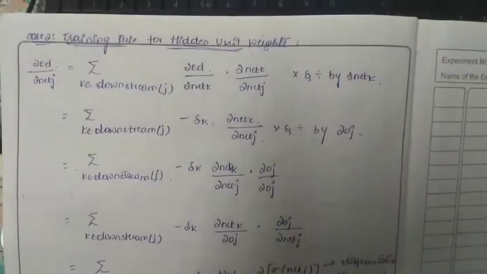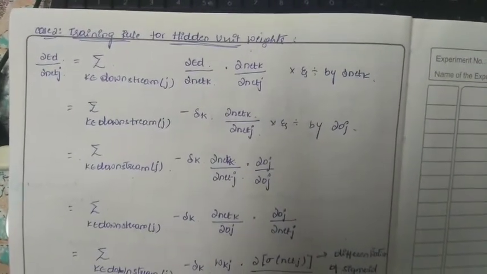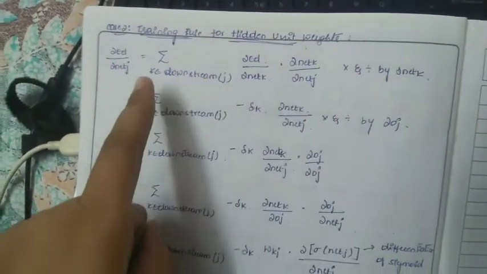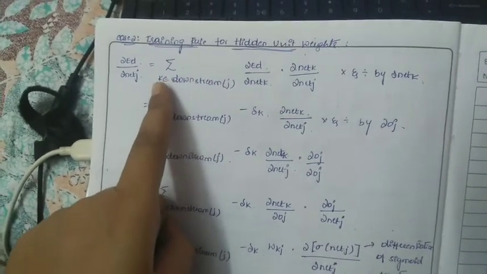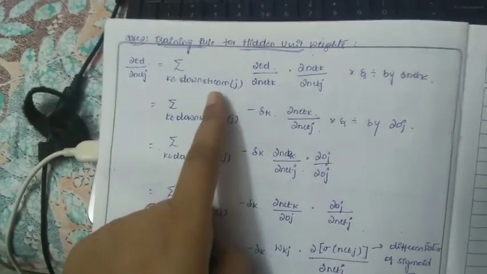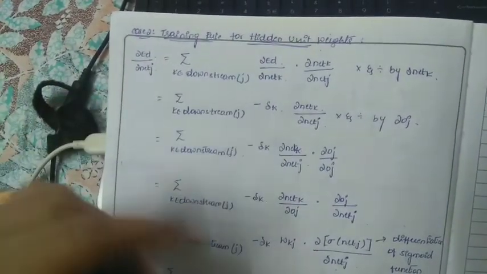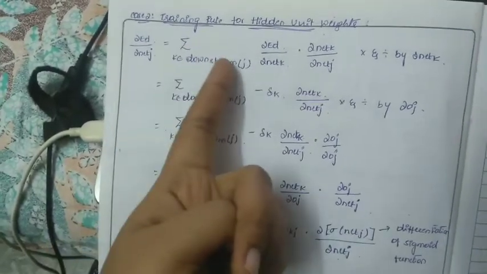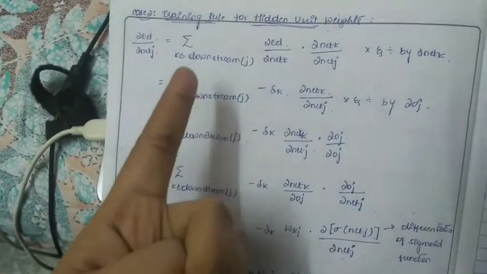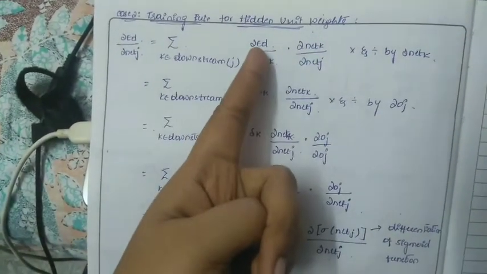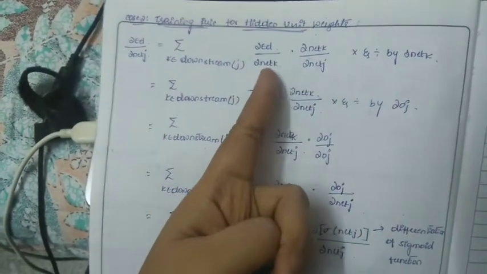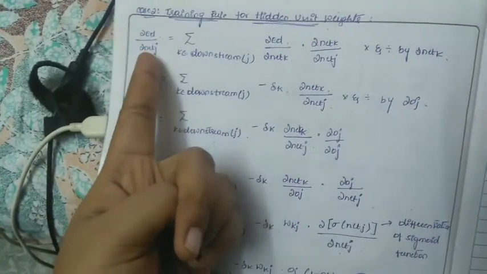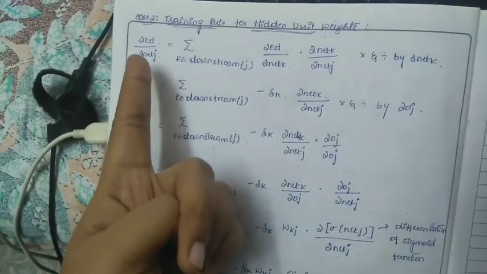So now delta Ed divided by delta net J is equal to the summation over k belonging to the downstream of J. Here k is the output layer, the number of output units present. Here we have 3 output units, or 3 neurons. The downstream indicates backpropagation to the hidden layer J. Delta Ed divided by delta net k into delta net k by delta net J: for this equation we multiply and divide by delta net k.